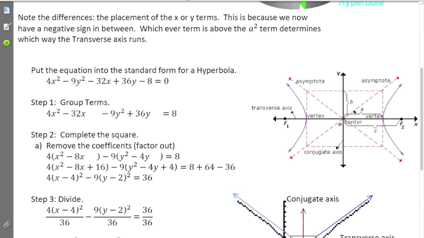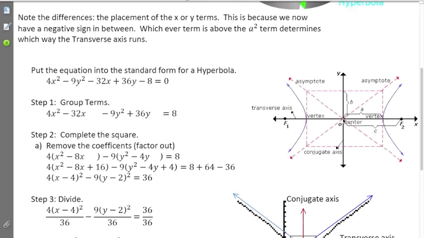Notice the diagram to the side. You can see the hyperbola is a lot different than what we've looked at in the past. It's actually fairly complicated in terms of what it looks like. Once you understand all the parts of it, it's not that big a deal. To connect what we've talked about before to what we're talking about now, we still have A, B, and C. A is the distance from the center to the vertex.